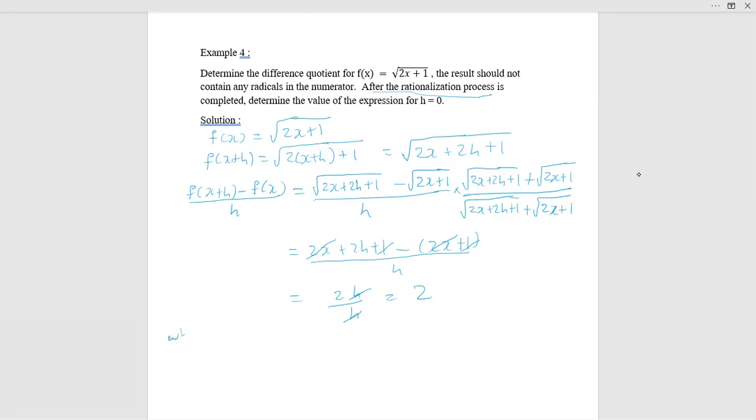When h equal to 0, f(x plus h) minus f(x) divided by h equals 2.